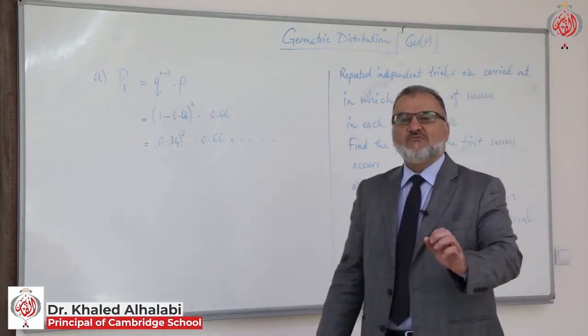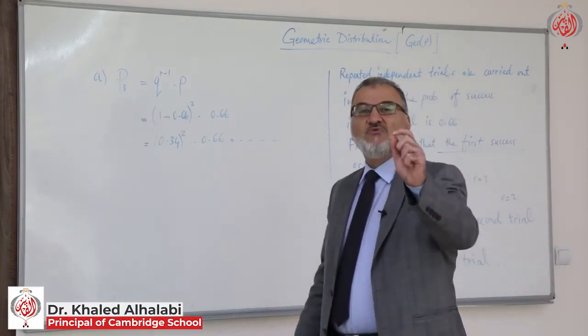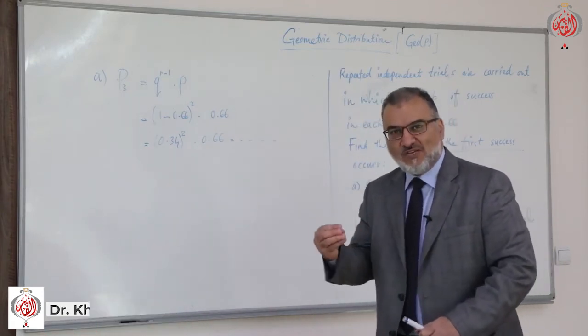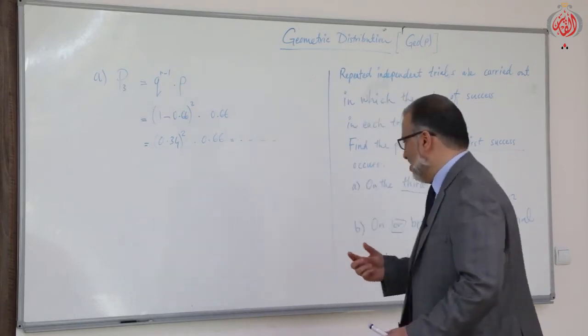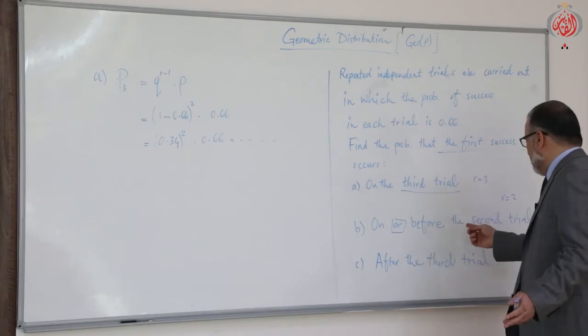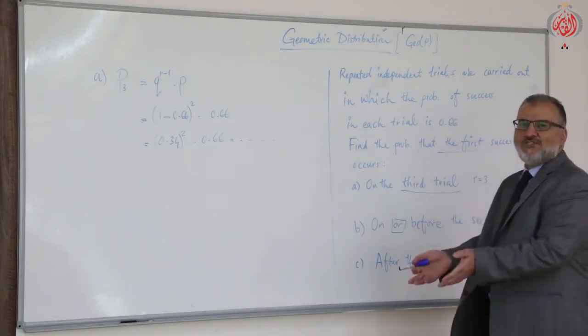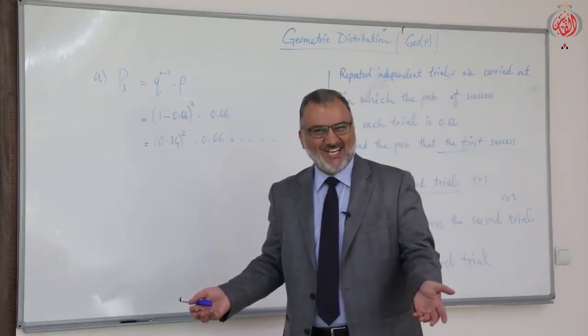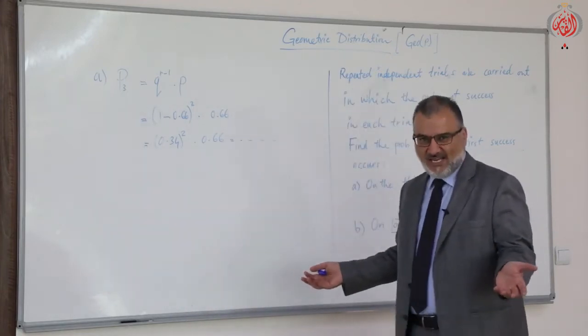Here in the geometric distribution, it is impossible for us to deal with R equals 0, because we want the first appearance of the success. So the first success will appear either in the second trial or in the first trial. We are not going to say that this will appear in the 0 trial. This is illogical.